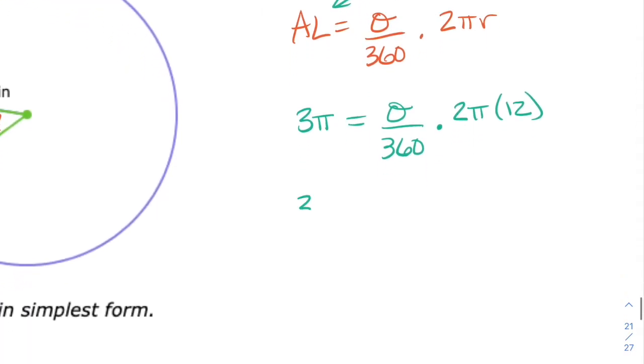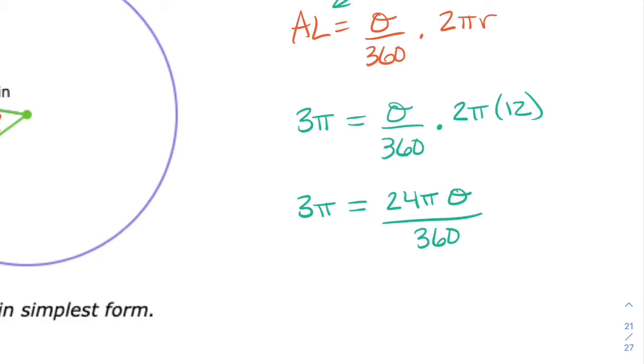So I get 3 pi equals, now bear with me, I'm going to combine it all. 2 times 12 is 24 pi theta over 360. And so to solve for theta, I'm going to do a couple things.